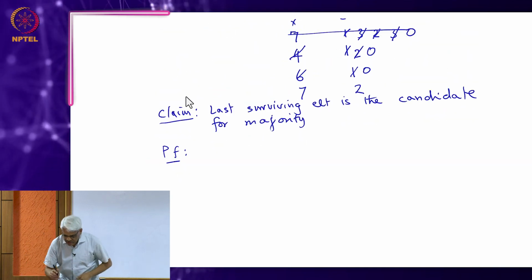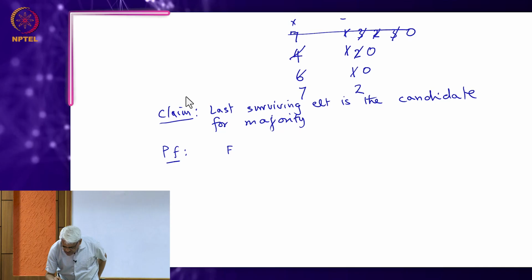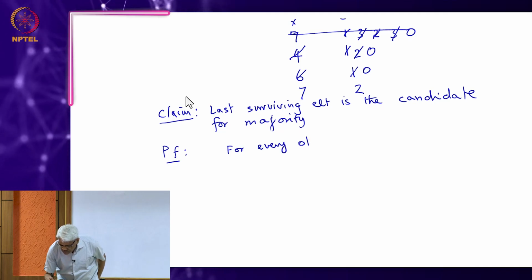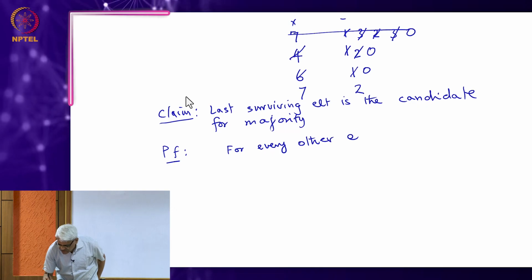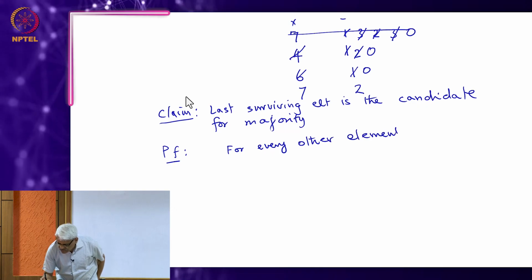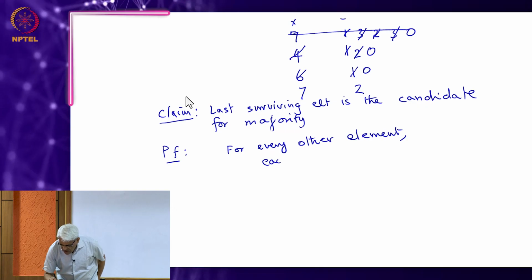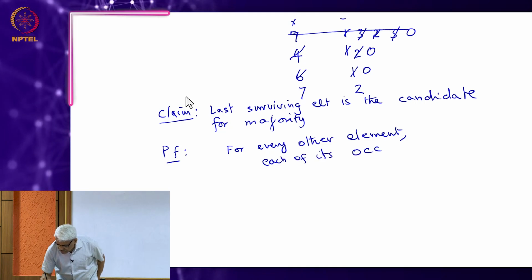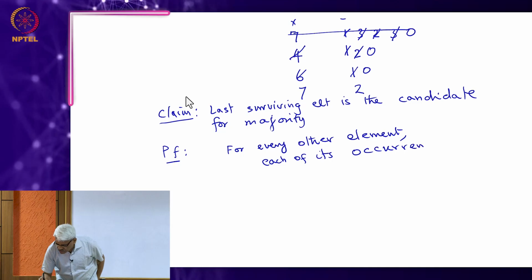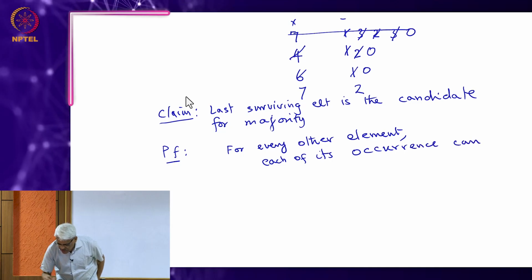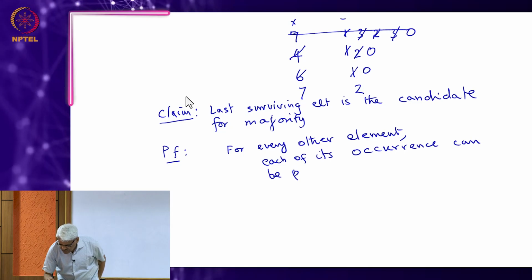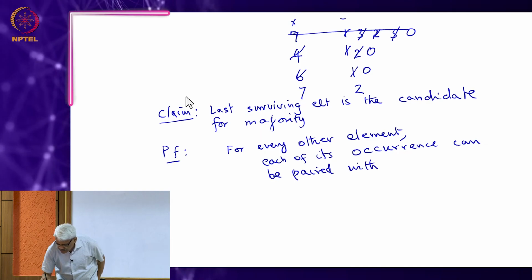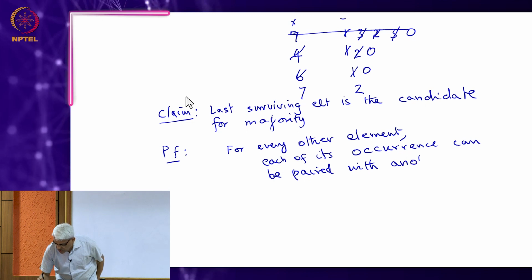Okay, so maybe I'll write this: for every other element, each of its occurrences can be paired with another element not equal to it.